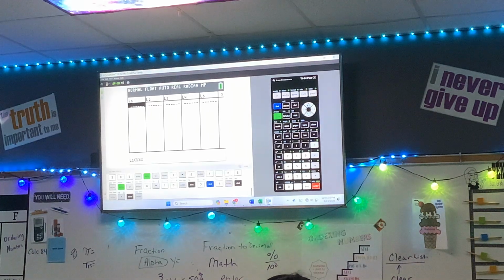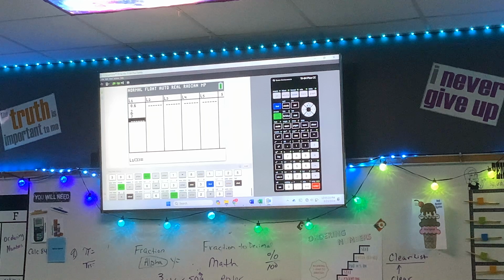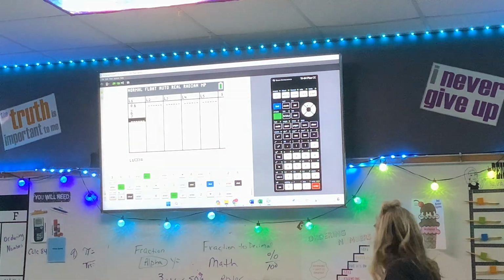And it says 0.6. So I type in 0.6. Thomas is 2/3. So I do alpha y equal 2/3, hit enter. The next one, oh, it's a percent. What do I do when it's a percent? Over 100. Right here. Up, clear, enter.